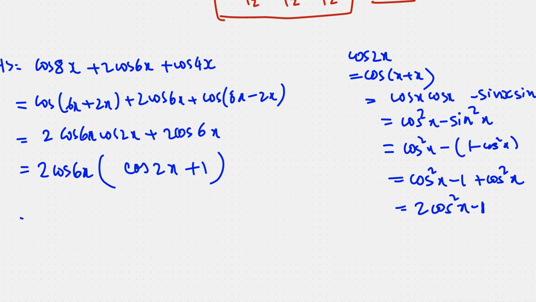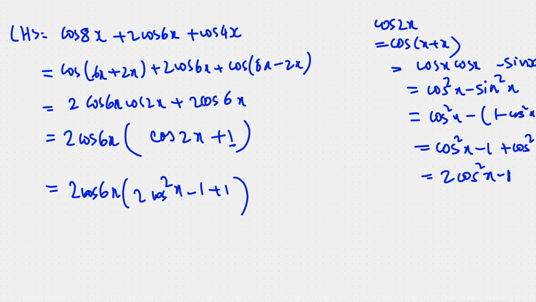So then that is equal to 2 cos of 6x and then times 2 cos square x minus 1, and then don't close the bracket. This plus 1 is remaining, so plus 1.